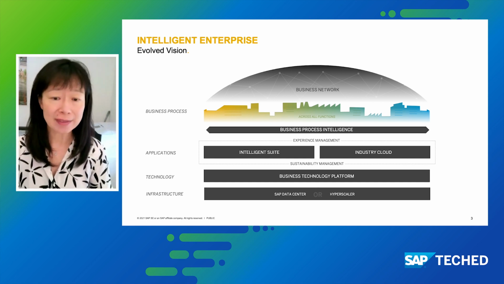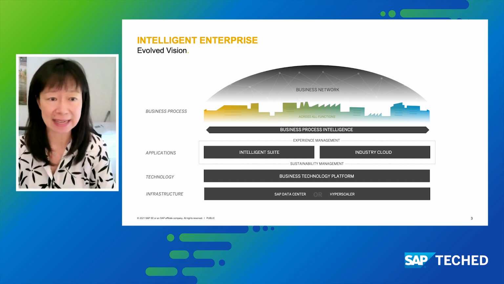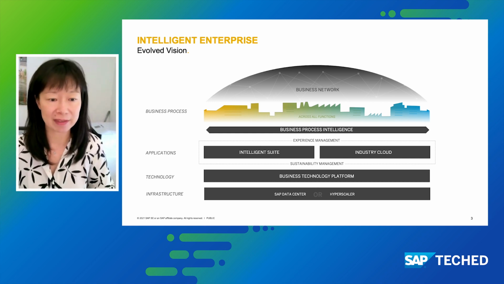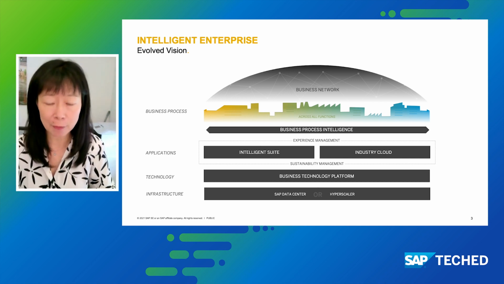Before I start with Analytic Designer and the planning, I would like to show you the slide about the intelligent enterprise. Here we see the whole structure. We have the infrastructure part, and then we have the business technology platform, and then we have the intelligent suite and the industry cloud that are based on the business technology platform.